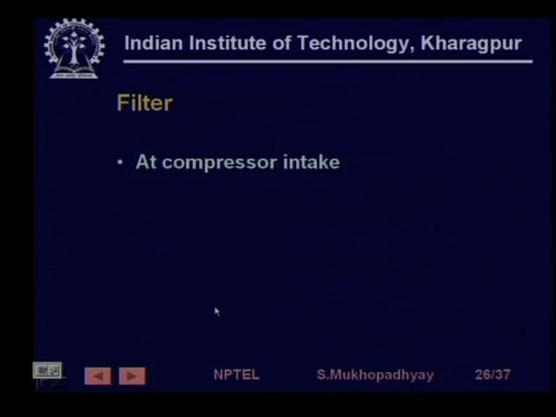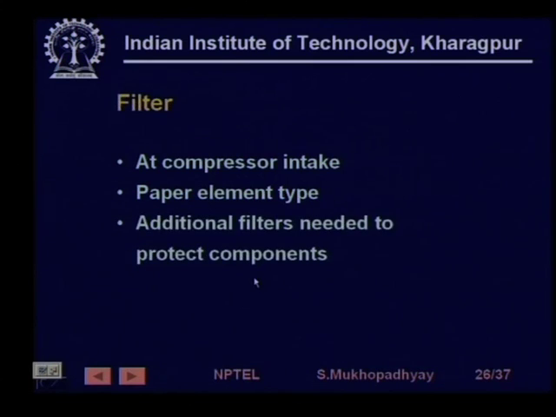Then the filter is generally connected at the compressor intake, and various types are possible. The paper element type is a popular one, and sometimes you put additional filtering just before the equipment to ensure further that your components are protected.